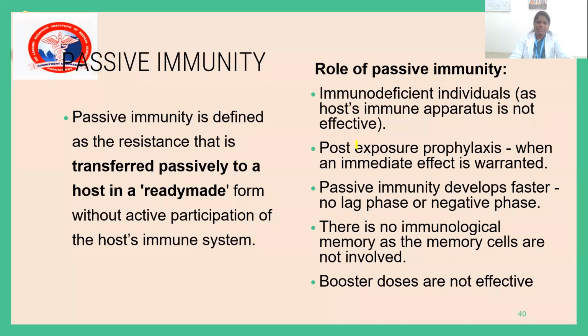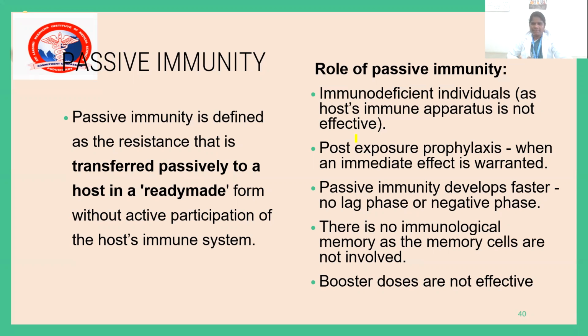And coming to the role of passive immunity, in case of immunodeficiency disorder, the immunodeficient person's immune cells or immune mechanism cannot take place in the host. So in that condition, you can inject passive immunity.